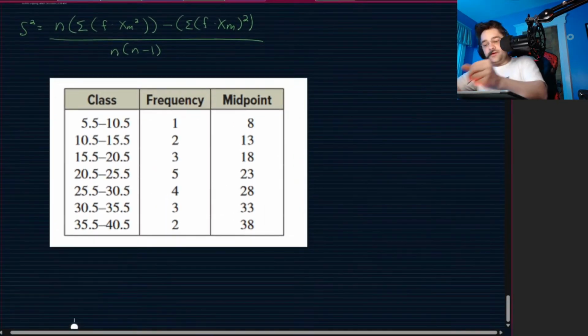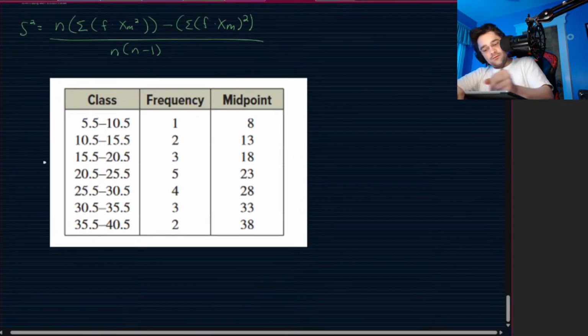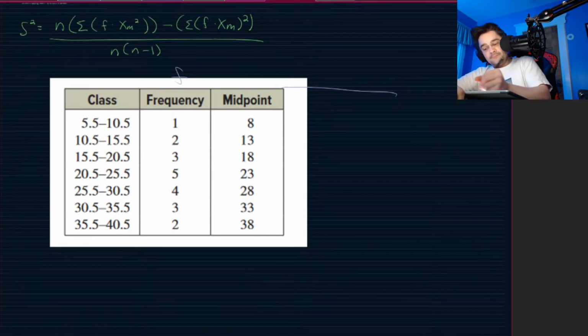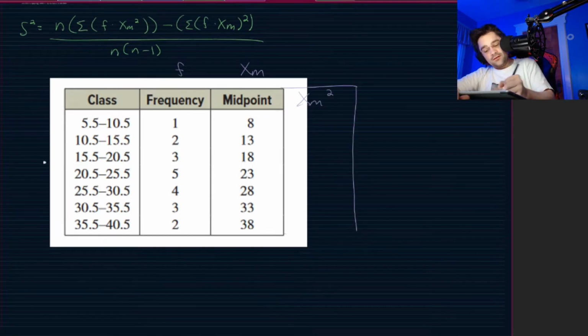So I need some more columns, right? What do I need here? This is our f. This is the midpoint, so this is x sub m. I guess we want xm squared as well, so let's have a column for that.